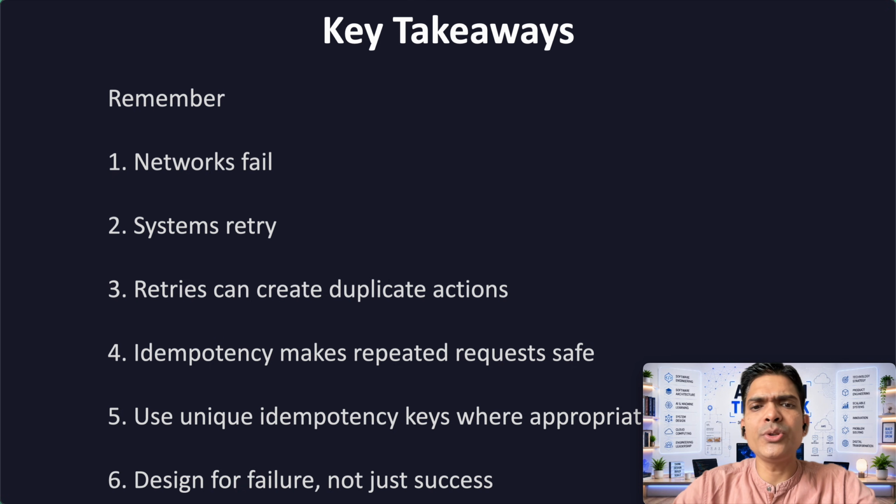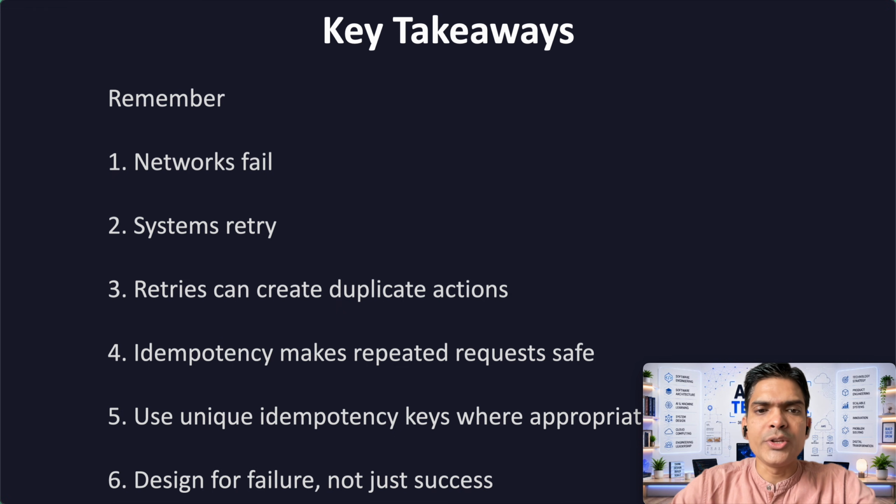Let us quickly summarize today's episode. First, networks fail. That's the reality of distributed systems. Second, systems retry. That's necessary for reliable systems. Third, retries can create duplicate actions. That's the problem. Fourth, idempotency makes repeated requests safe. That's the solution.